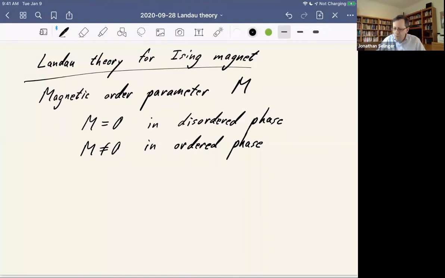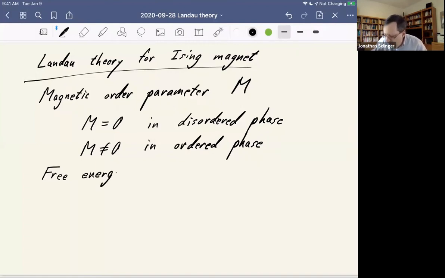Okay, and now let's suppose we want to figure out what's the free energy in terms of this magnetic order parameter. Well, at first you might say, well, how do we know anything about the free energy, right? The free energy could be any old function of the magnetic order parameter. Now we bring in the first assumption, the assumption of smoothness.